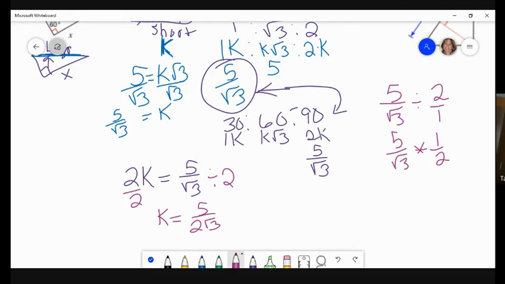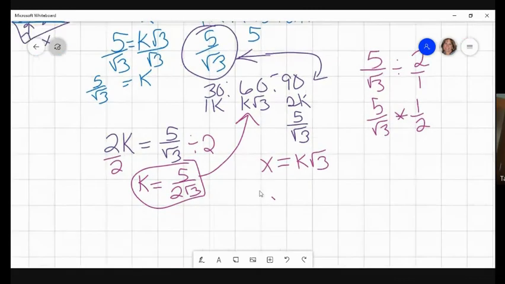Now, the reason I'm leaving it that way is because k still needs to go to our next step, which is plugging it into our x value. Our x value is k square root 3. So we have to take all that ugly fraction and plug it into the formula.